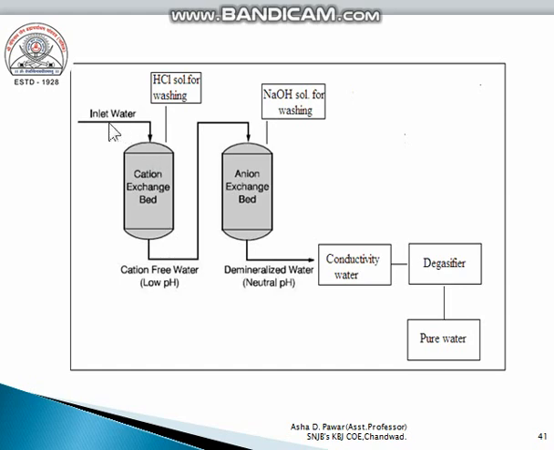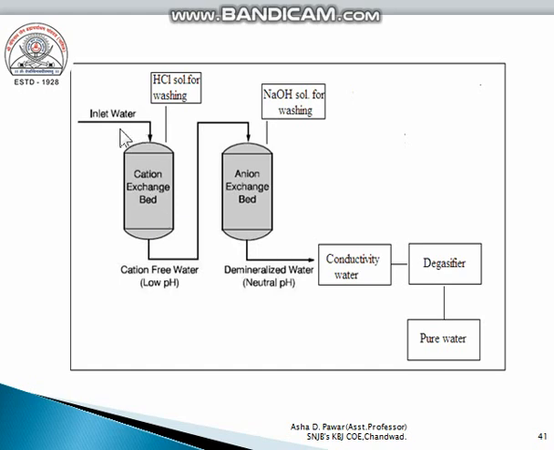So what exactly is the process? What happens if water enters at the top of the first vessel containing the cation exchanger bed? Water containing cationic impurities like sodium, calcium and magnesium has all these cations captured by the cation exchanger bed, and in exchange the bed releases H plus ions into the water.